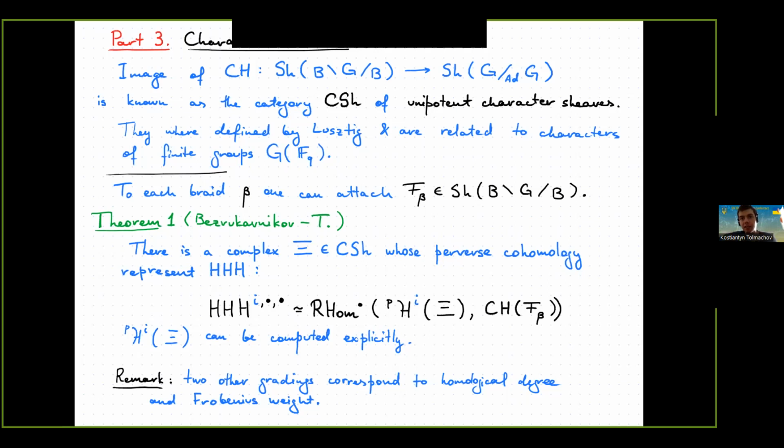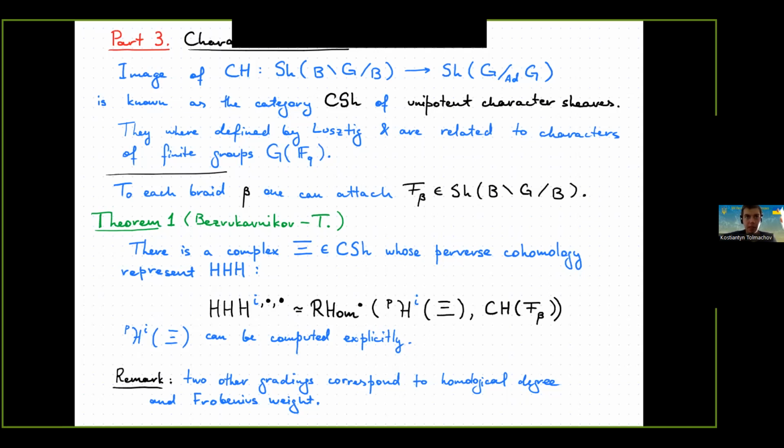So now finally, let me say how to compute the triply graded invariant. In the same way as we attach to each braid beta a certain element of the Hecke algebra, we can attach to each braid beta a certain sheaf, well, a complex of sheaves, on the double quotient of G by B. There is a certain natural way to do it.